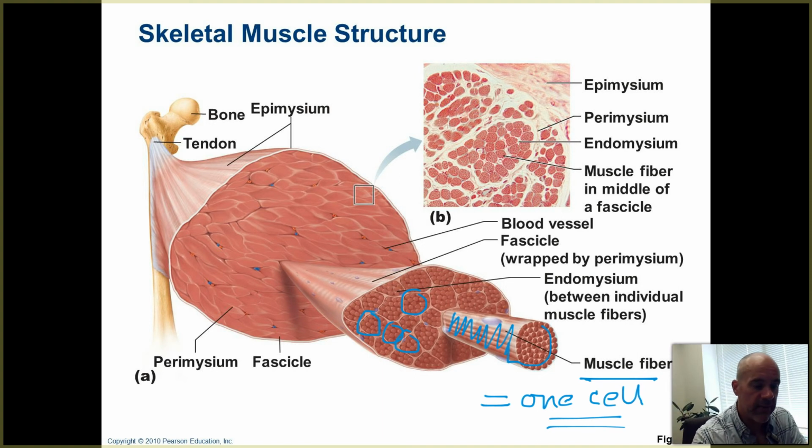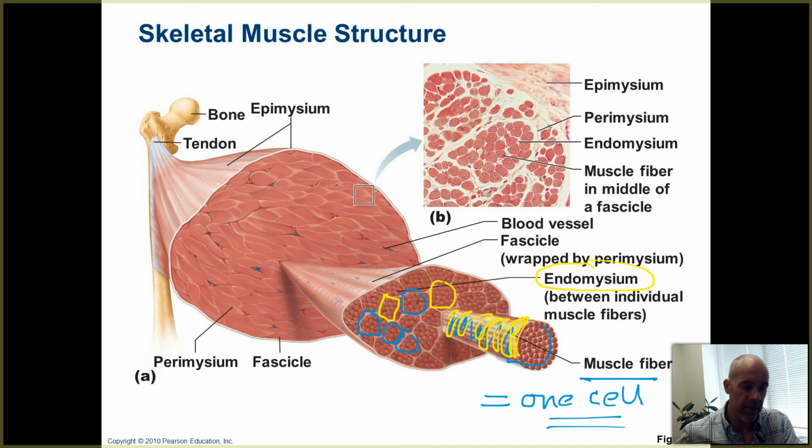One more connective tissue name here. Every muscle fiber, outlined in yellow there in cross-section, has a connective tissue covering around each individual muscle fiber, and that's called endomysium. Endomysium meaning inside.